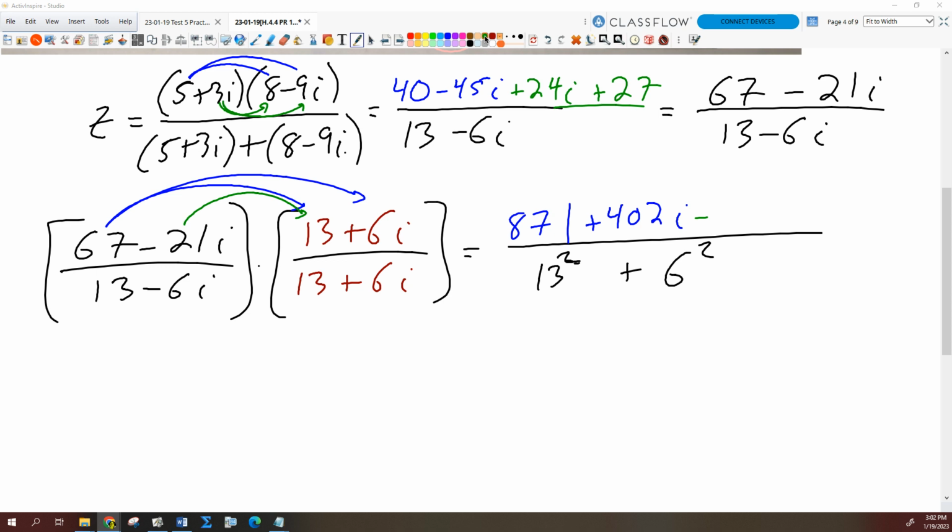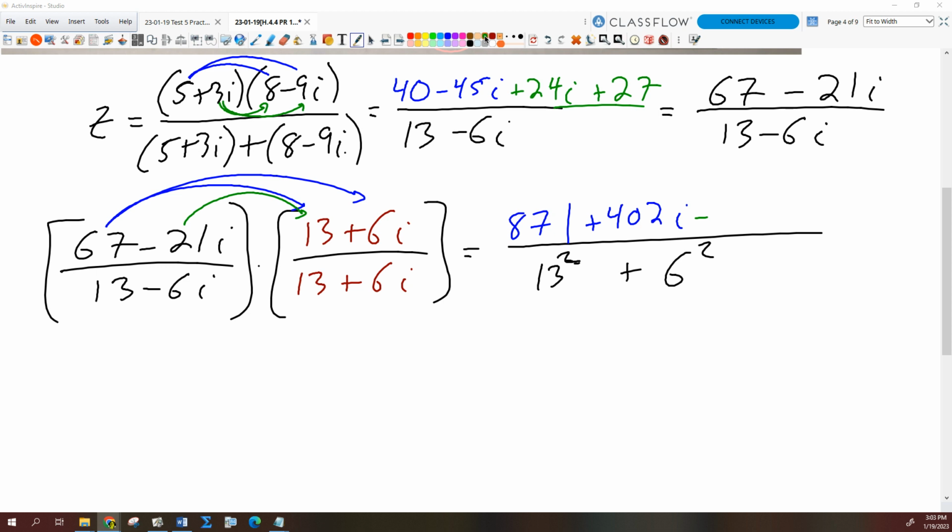That's not right. Negative 21 times 13? That can't be 373, because 21 times 10 is 210. It is 273.